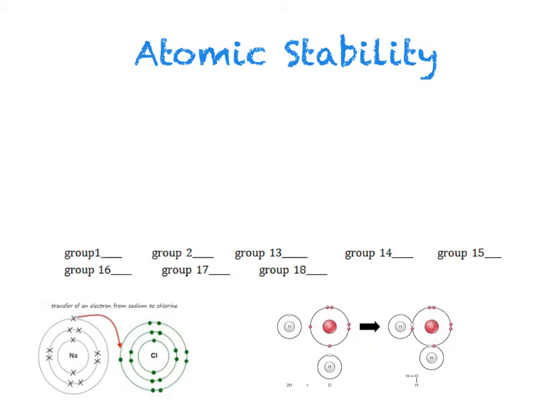And now we are moving on to atomic stability. Atoms form compounds when the compound is more stable than the separate atoms.